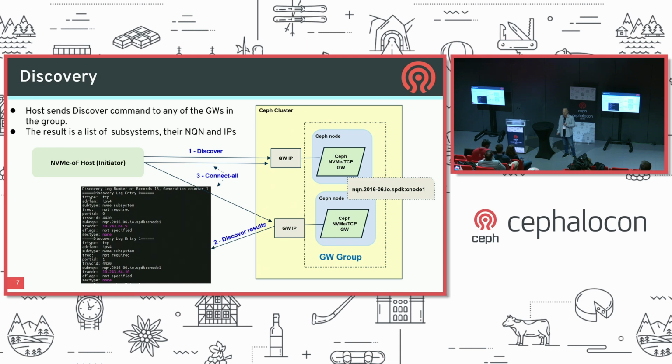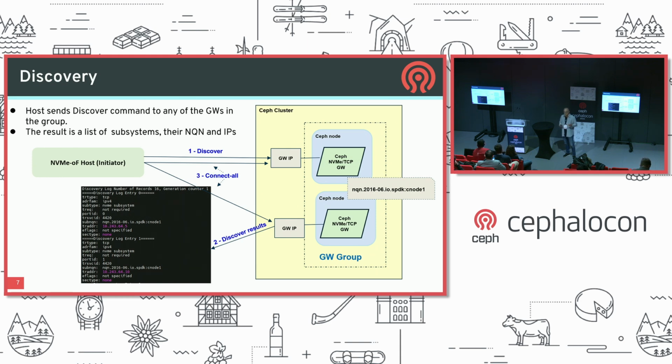Because we have multiple gateways on the Ceph cluster, when the host sends a discovery command to any one of the gateways in the group, let's think we have one gateway group for a minute, the command will return the list of all subsystems and all IP addresses of all the gateways in that Ceph cluster.